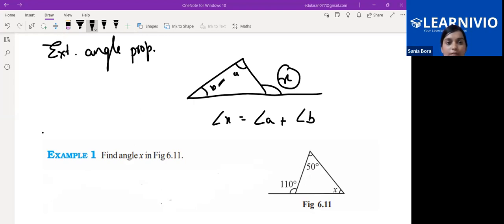Correct, Ananya. Good. Correct, Apsara. Good.